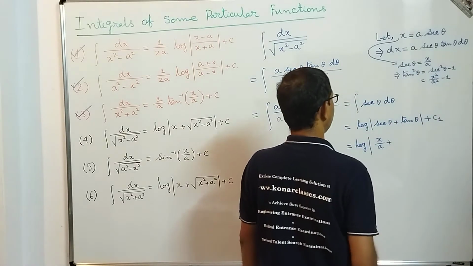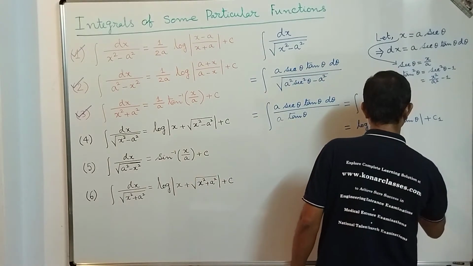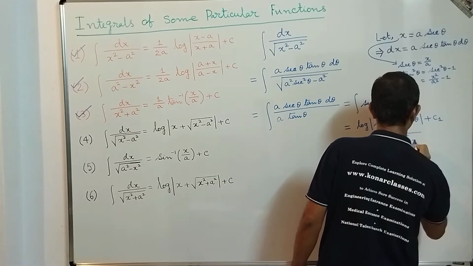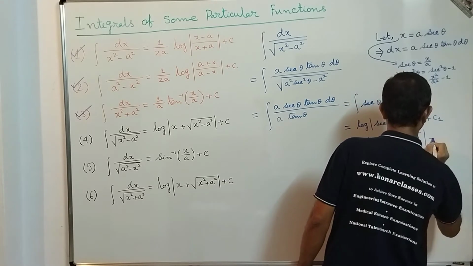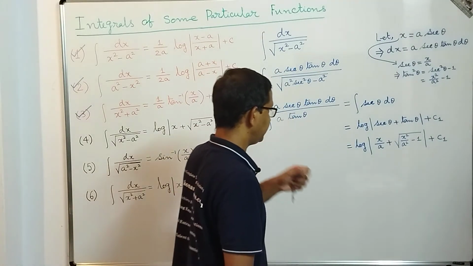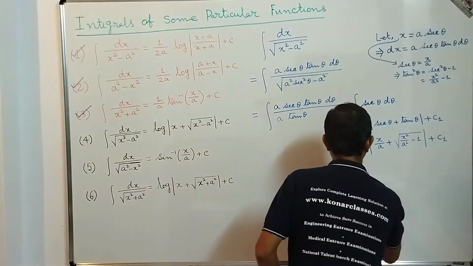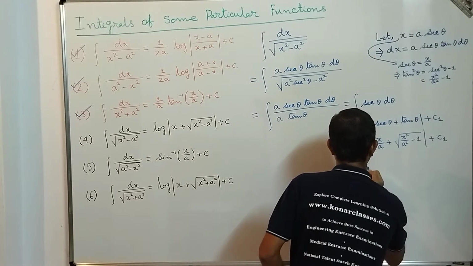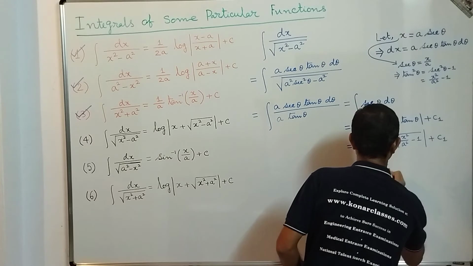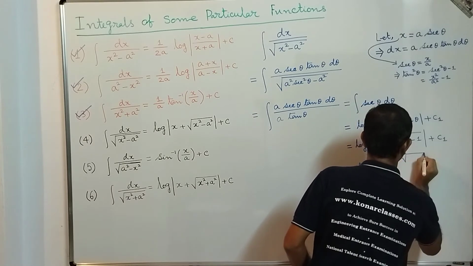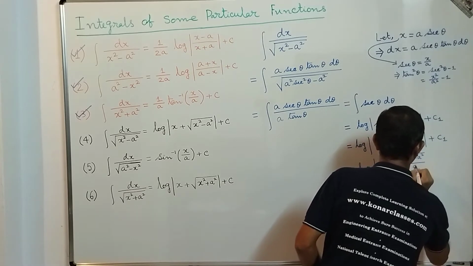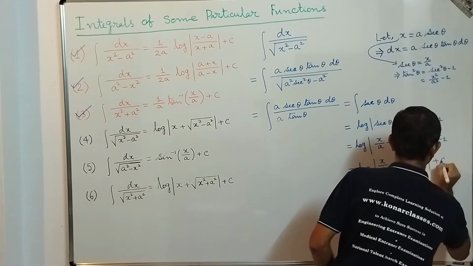So that means tan theta will be square root of x square by a square minus 1, plus C1. Correct? So now if we simplify, what we are going to get is that this is equal to log mod x by a plus square root of x square minus a square divided by a, plus C1.